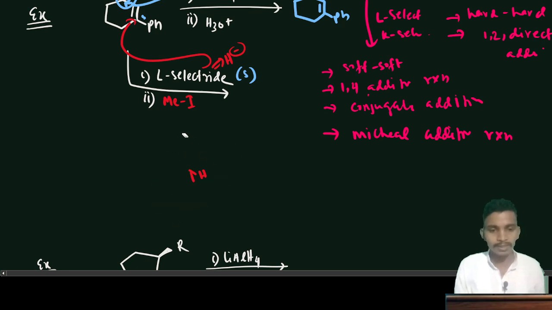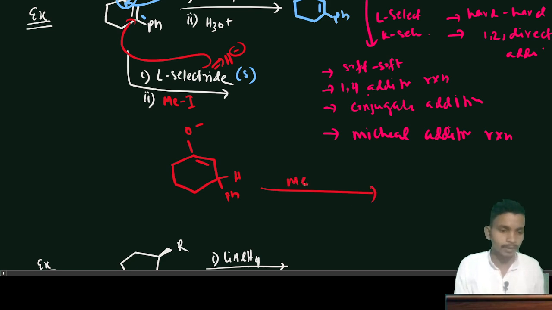For this case, this will attack to here, so here H and Ph is there. Now this double bond is shifted to here, and this becomes O minus. Now we are giving MeI.